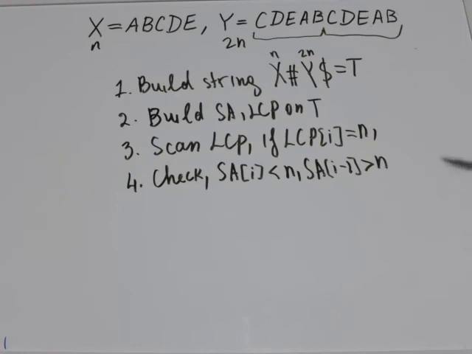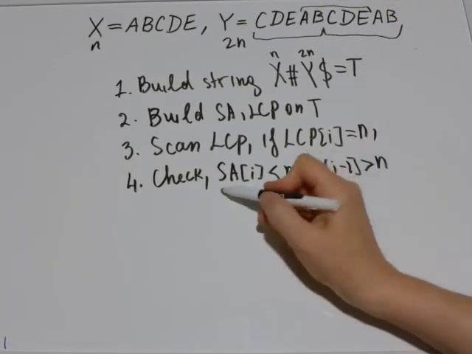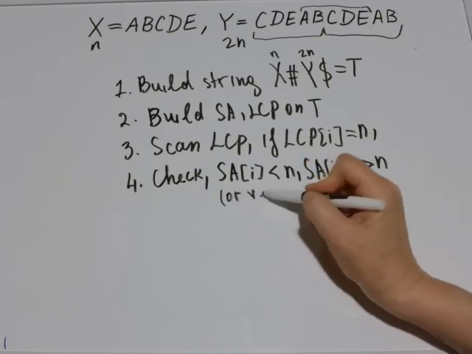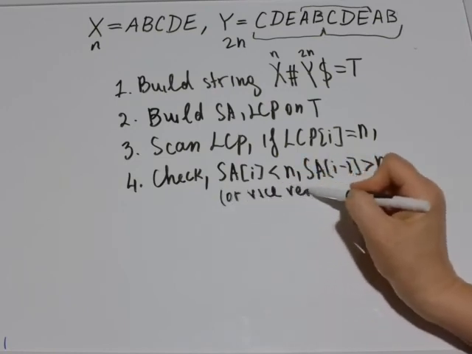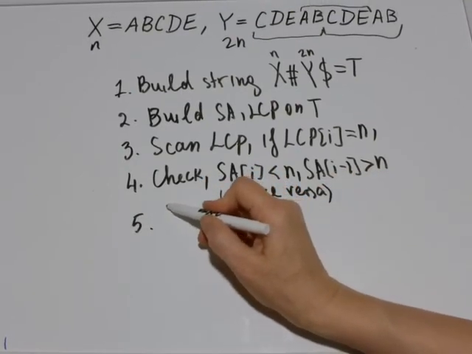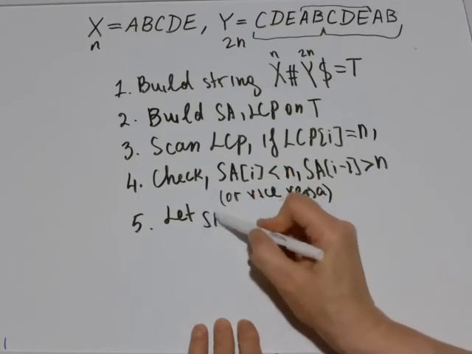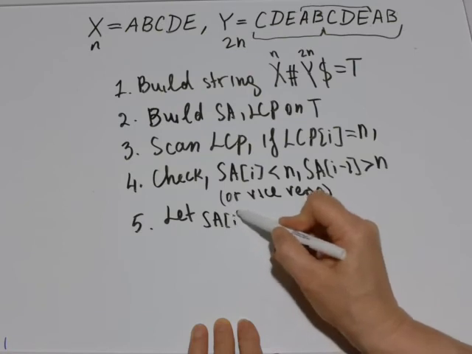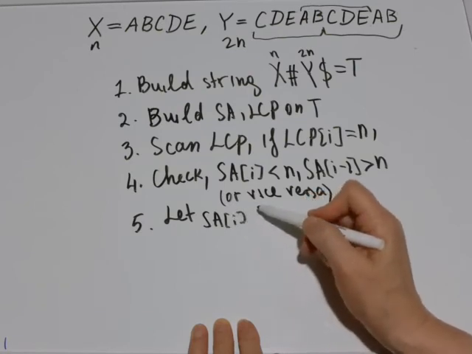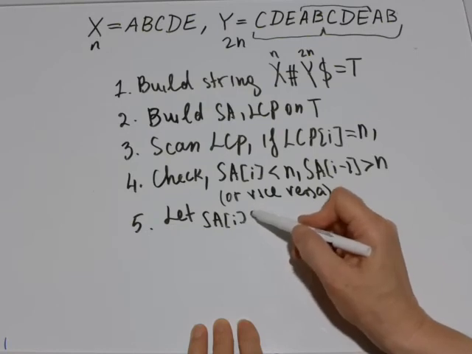And now we need to make sure we found x inside the y, and we know at which position we found x inside the y. And this would be or vice versa. And at step 5, we need to let SA of i be inside the y.